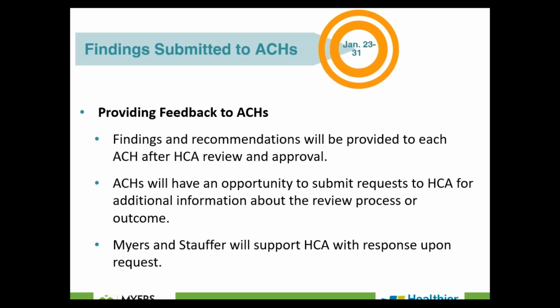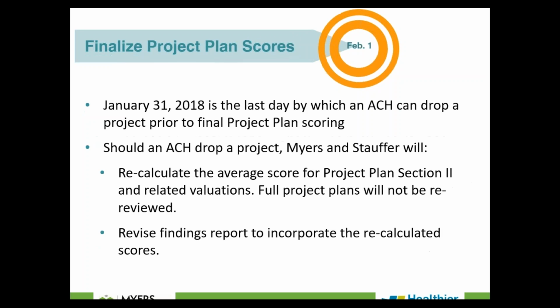There is an opportunity for ACHs to request feedback, and this process will occur through HCA. A request would be submitted, and then as needed, we would support that request for additional information. And lastly, given the opportunity for ACHs to decide to drop a project, that will need to occur by January 31st.